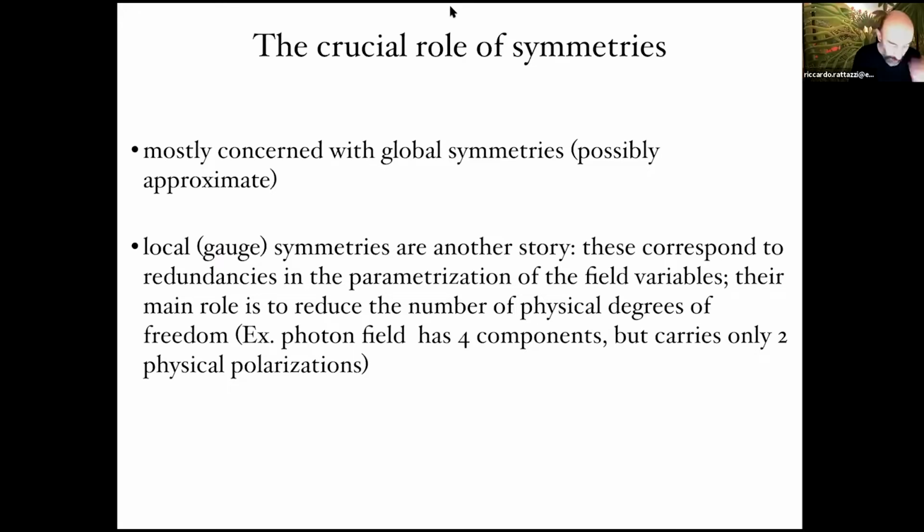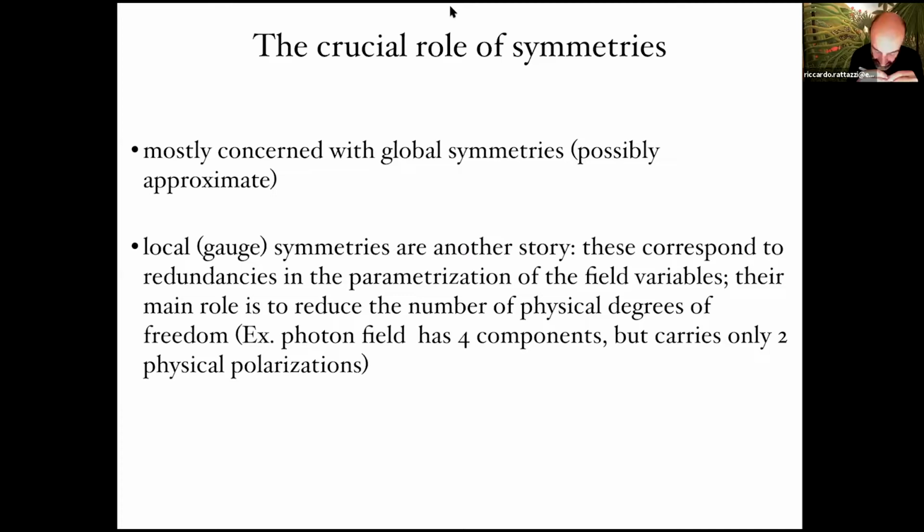Okay. So I will mostly be concerned with global symmetries, possibly approximate. Gauge symmetries are another story. In a sense, what we used to say is that gauge symmetries are not really symmetries. They should more be viewed as a redundancy in the parameterizations that are needed to pin down the truly physical degrees of freedom.